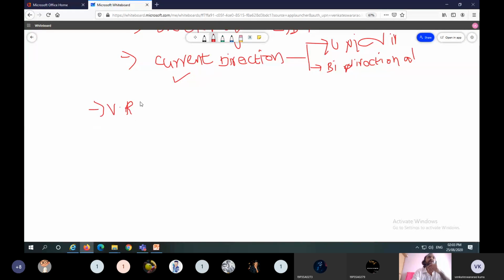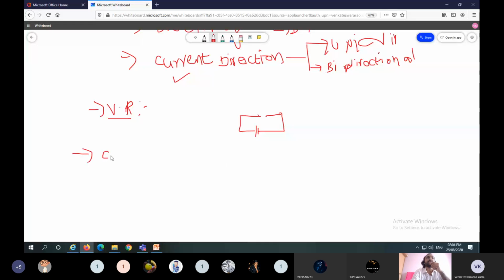Voltage rating means the maximum instantaneous voltage which a device can block during its off state. That much voltage is known as the voltage rating, and we need to consider this parameter to insert a particular device in a particular power electronic circuit.